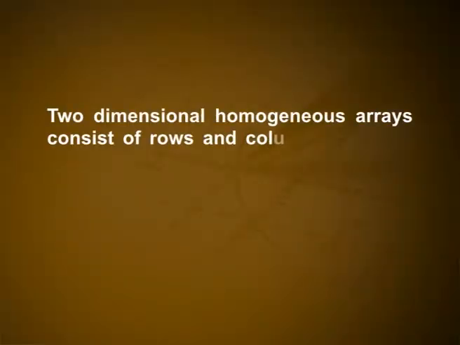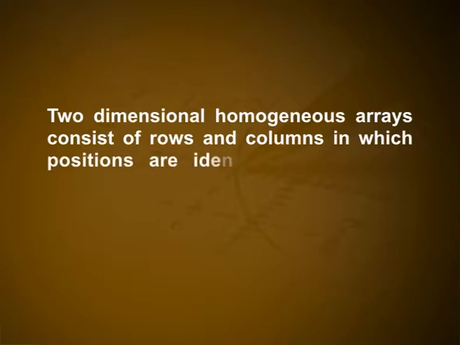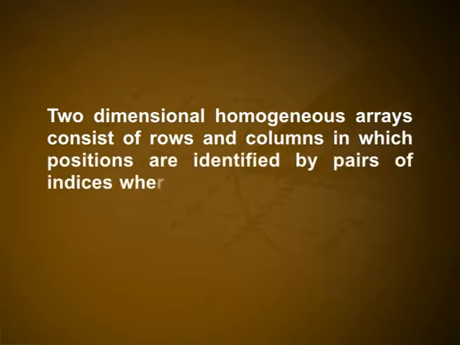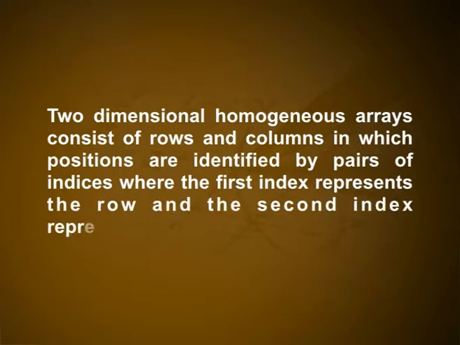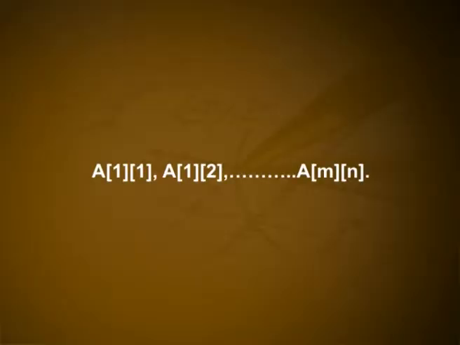Two-dimensional homogeneous arrays consist of rows and columns in which positions are identified by pairs of indices, where the first index represents the row and the second index represents the column. If the name given to an array is A, the elements of A are denoted as A11, A12, etc.